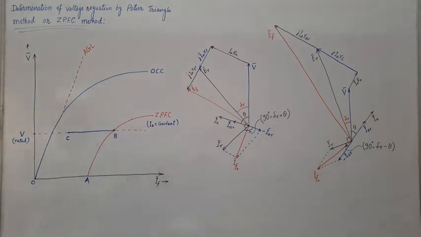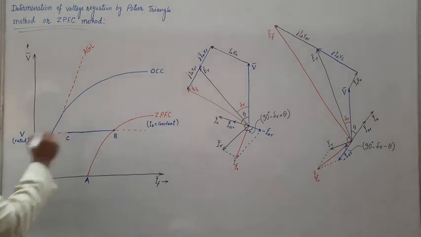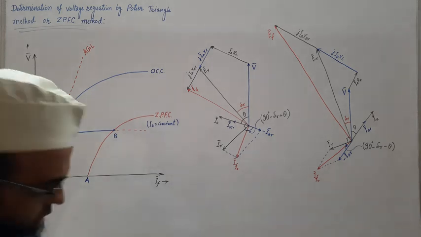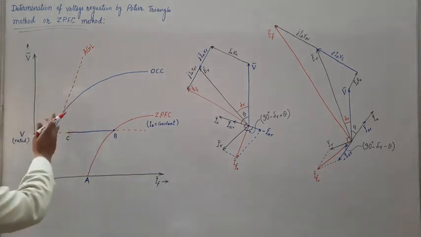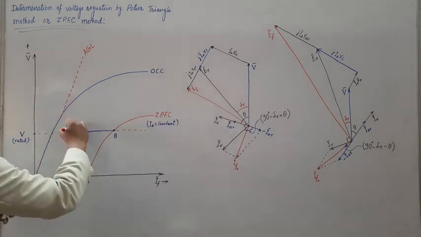Fine. Once this point is obtained, draw a line from C parallel to AGL, the air gap line.